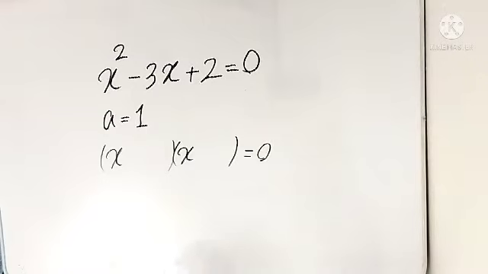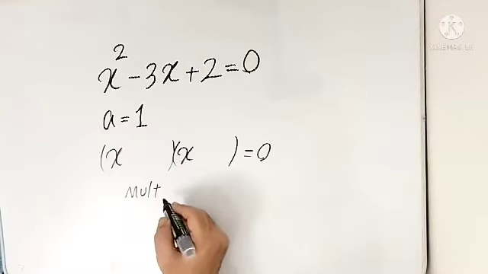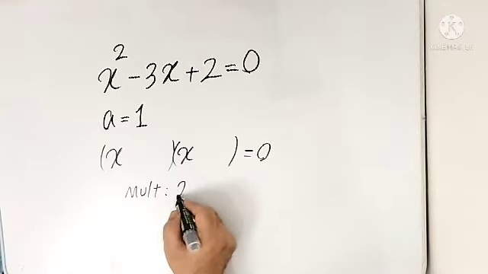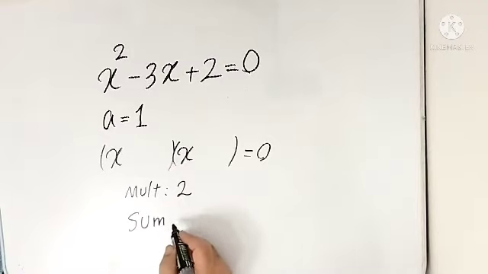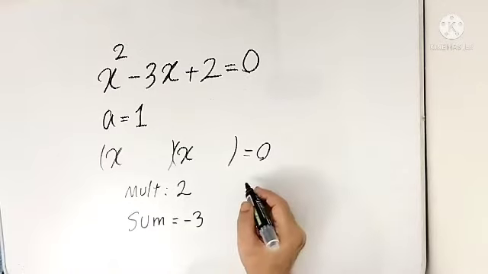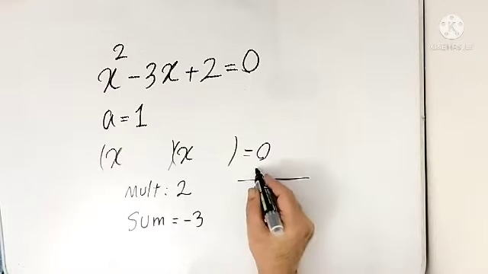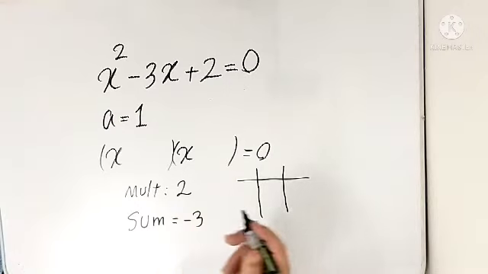Now we must find two numbers that multiply to 2 and sum to -3. We make a list of pairs of numbers that multiply to 2.